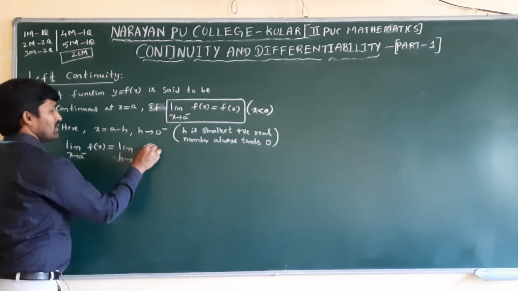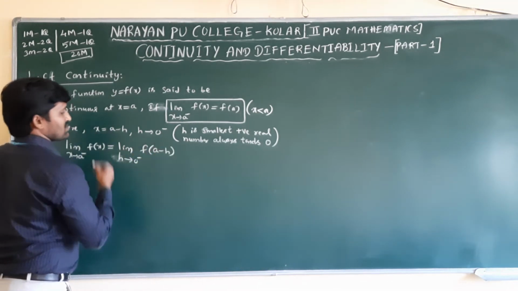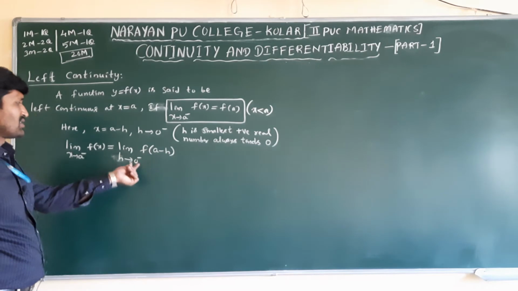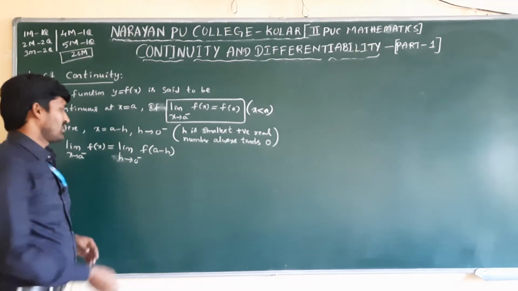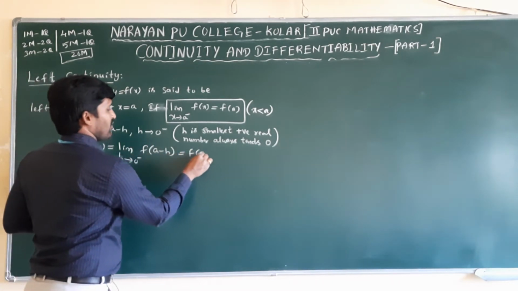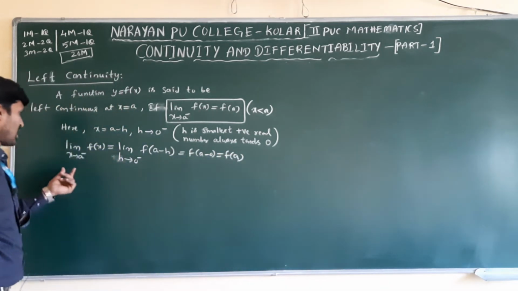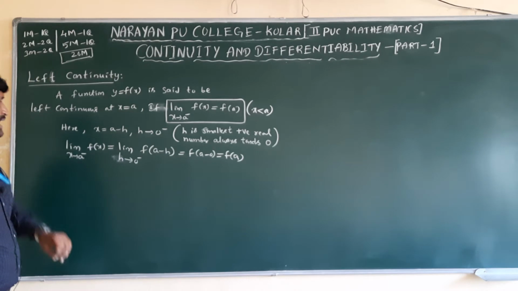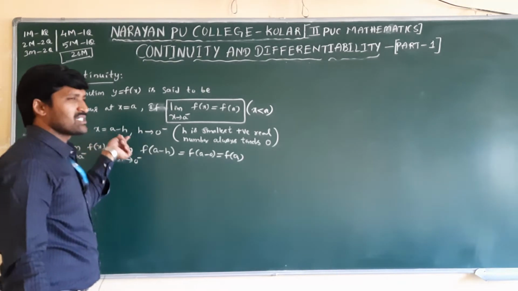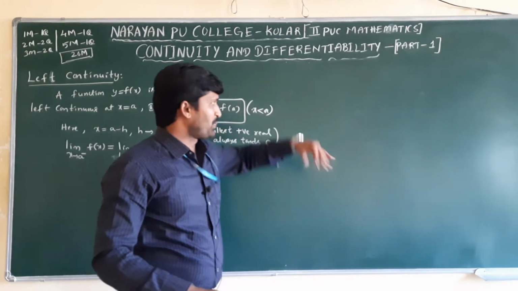f of a minus h. By substituting h value 0, what will you get? f of a. That we call f of a minus 0 equal to f of a. This is what we call left continuity, but x is equal to a minus h we are not using always. We will do with the previously given formulas.